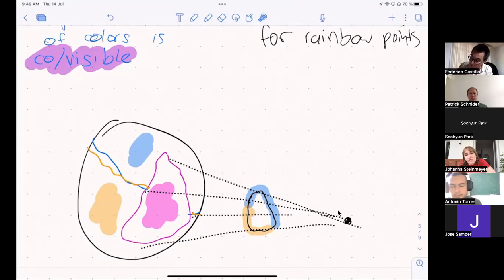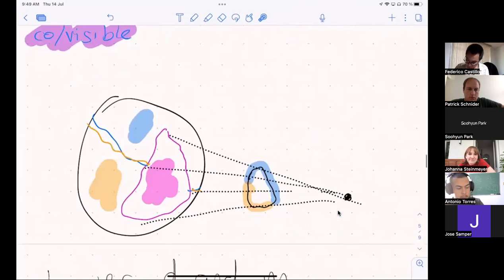We take advantage of the fact that we have a point of visibility. That literally means that I can cut it here and lower the dimension, because this will be 1 dimension lower and my body will have 1 color less. That's how we prove it, because then we start removing 1 color at a time until you get to 1 color.